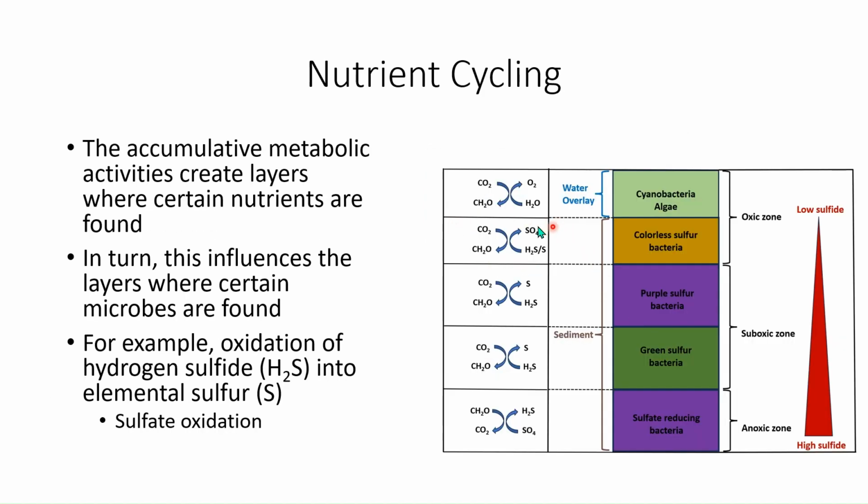We can see that at the top here. We're going to be able to oxidize the reduced sulfur compounds, and then we can take that energy and put it to work. We can take CO2 and make it into a carbohydrate.